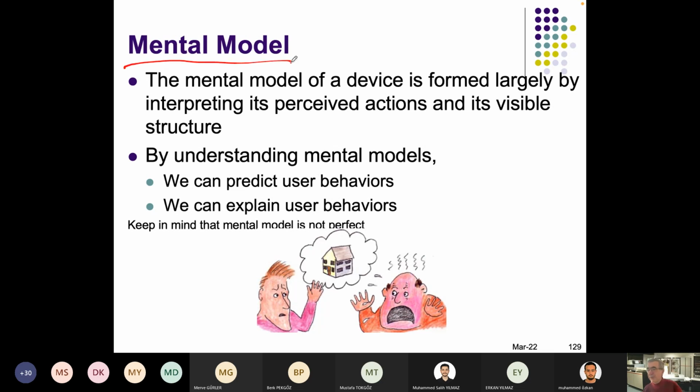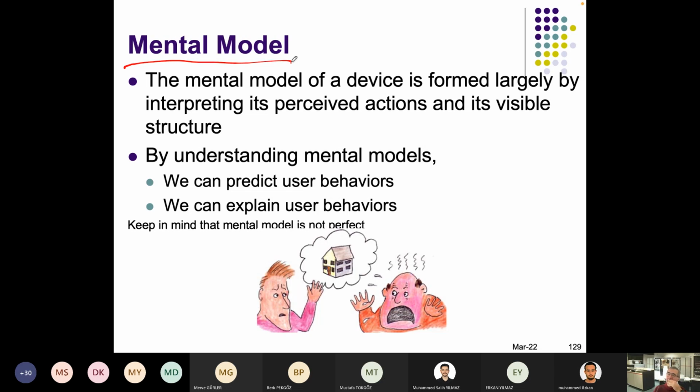A mental model of a device is formed largely by interpreting its perceived actions and visible structure. So we observe it. It looks like a mouse. So if it's a mouse, there is an orientation, forward and backward. This is wireless.